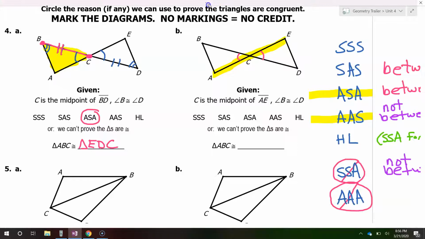If C is the midpoint of that yellowness, that means that this side is going to be congruent to this side. All right, I can erase the yellow now. In addition to that, we are told that angle B is congruent to angle D.